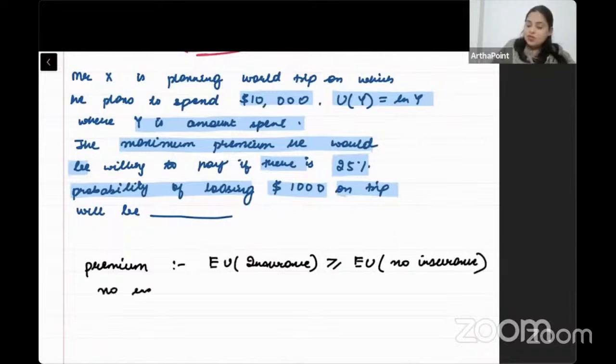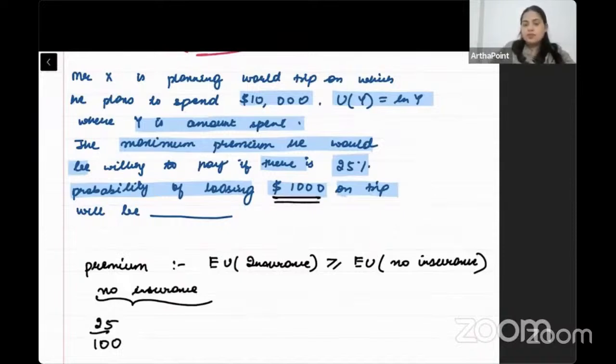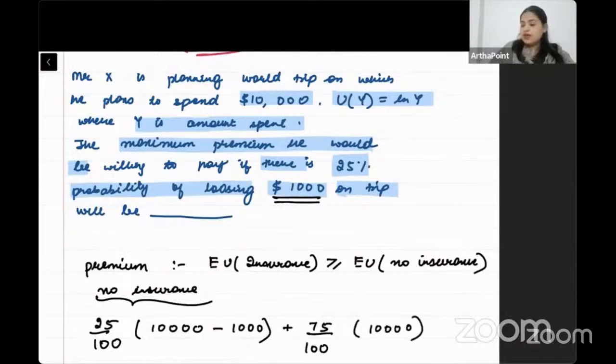If there is no insurance, then there is a 25% chance that he will lose money. So he will lose 1,000. And there is 75% chance he will not lose money. So beta, his money will be intact.